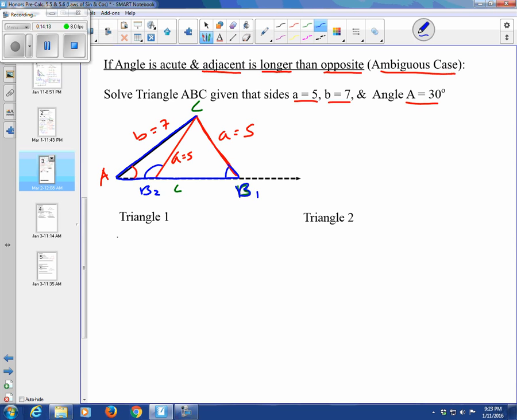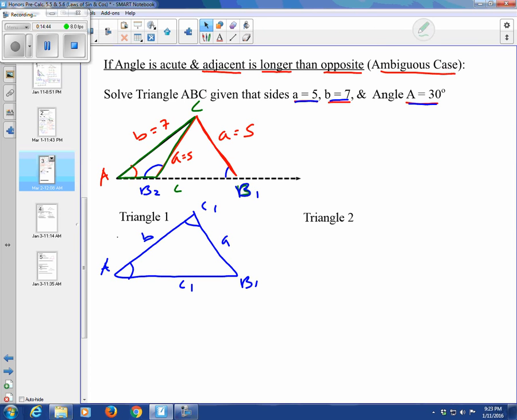This is what we're going to call our triangle 1 with our acute angle B. So we'll call this B1. We've got angle A over here, side A, and side B. Angle A, side A, and side B are all the same dimensions in both triangles. But we're going to see angle B1, C1, and side C1 as being different dimensions from angle B, angle C, and side C in our second triangle.